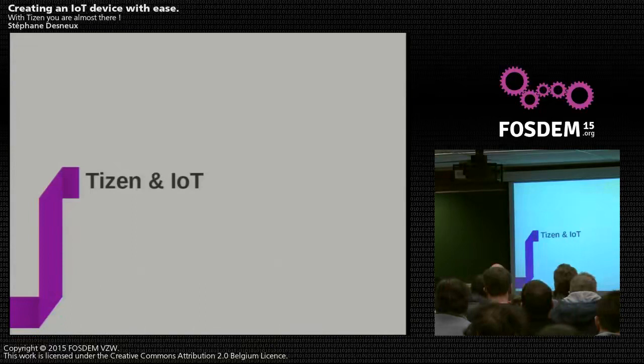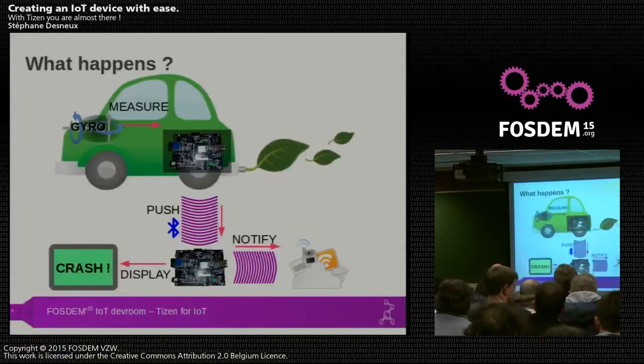So for the Bluetooth communication, I didn't have time to integrate the latest libraries that are coming. IoTivity was announced a few weeks ago, and the first release was released last week or two weeks ago.